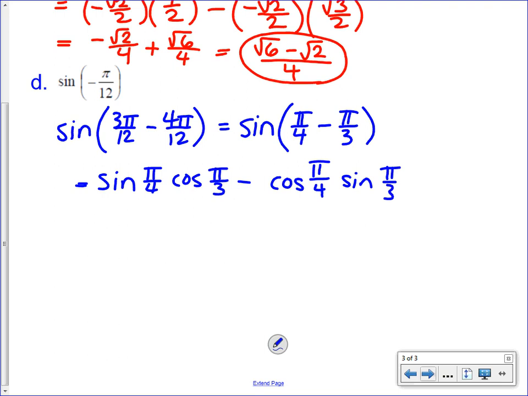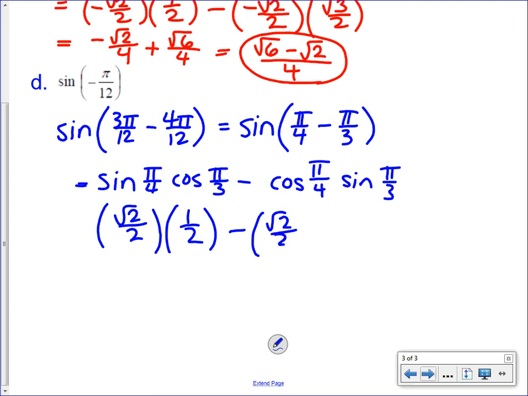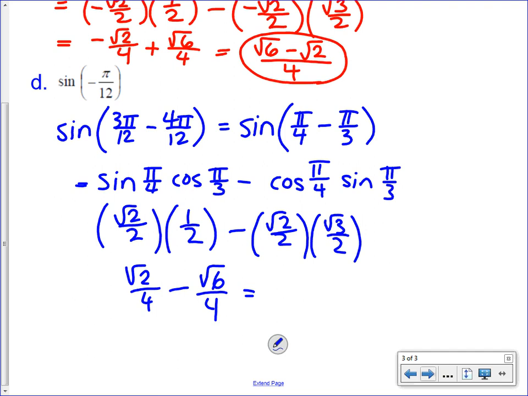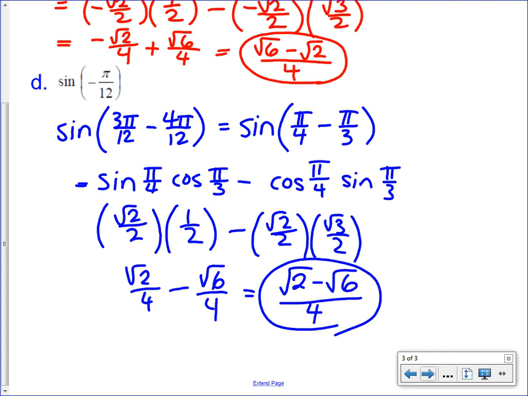All right, then we're going to go to our unit circle and evaluate these. So we get square root of 2 over 2 times 1/2 minus square root of 2 over 2 times square root of 3 over 2. Multiply straight across. And then you have a common denominator, so we're just going to combine our numerators and put it over our common denominator. And that would be the exact value of sine of negative pi over 12.